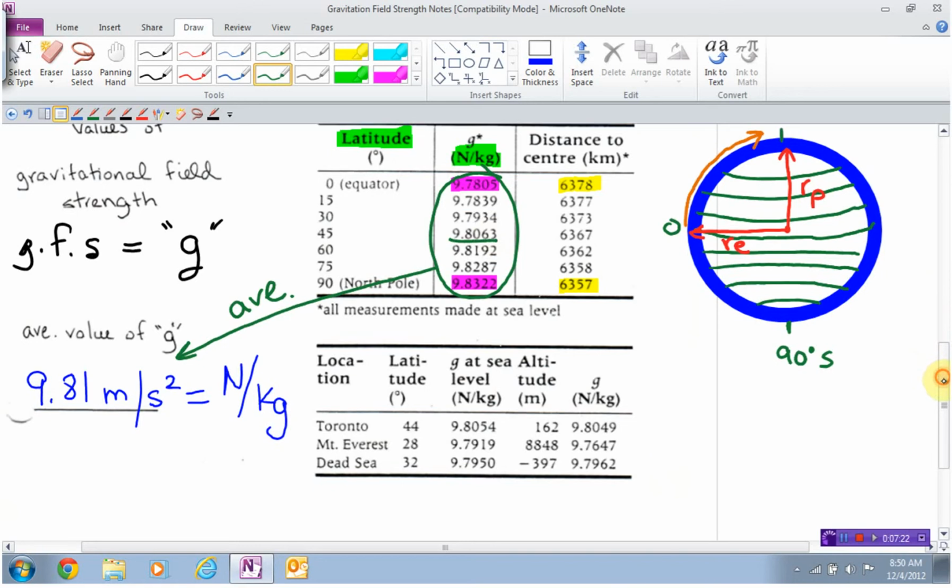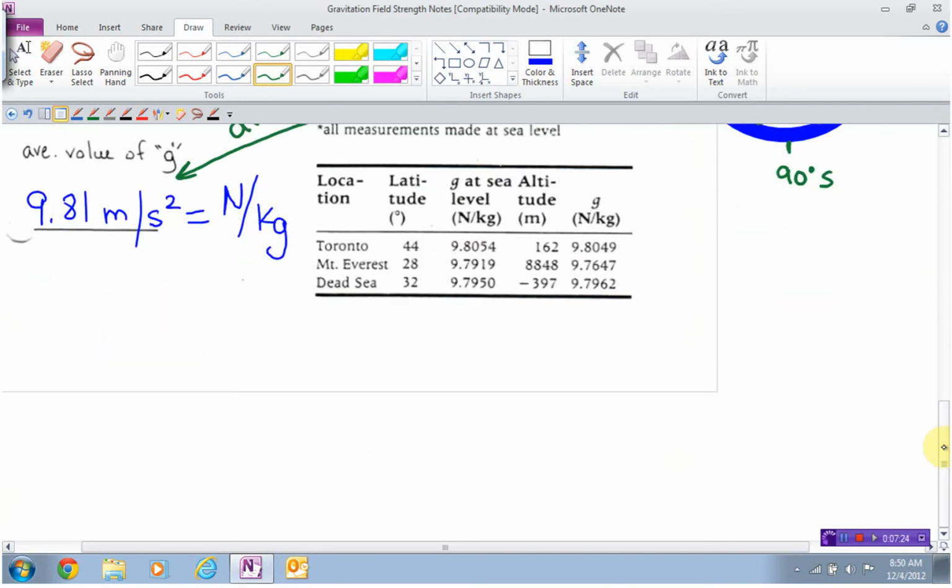Now, the acceleration of gravity also depends on your height above the Earth as well. So again, imagine this is the Earth. If you're at the Earth's surface, you're going to have one g value. If you climb to the top of a mountain, because you're further away, you're going to have less force of gravity.